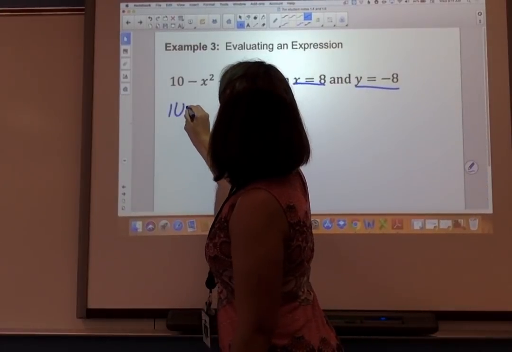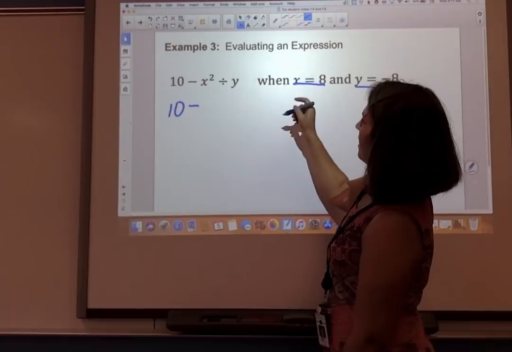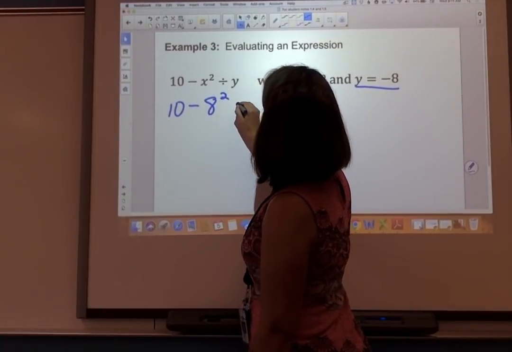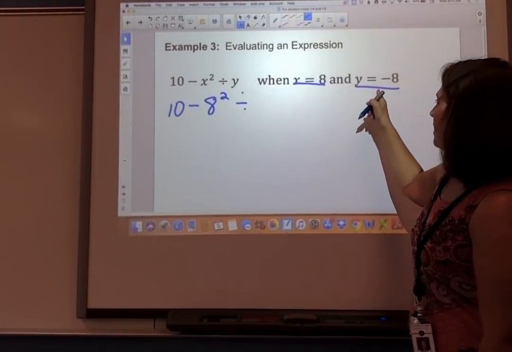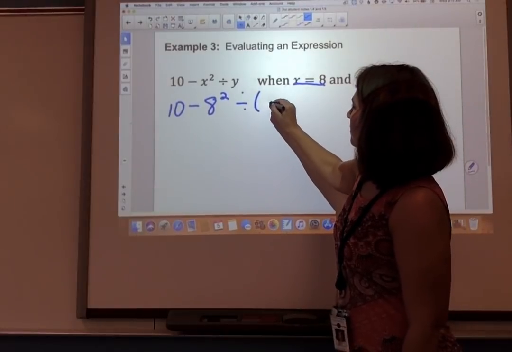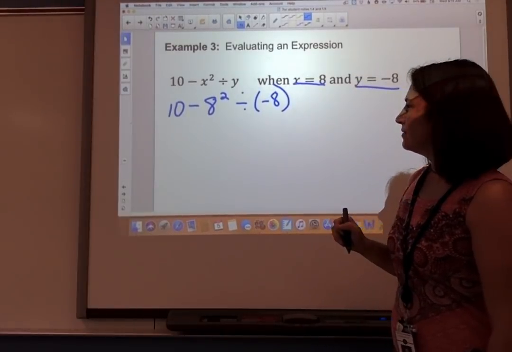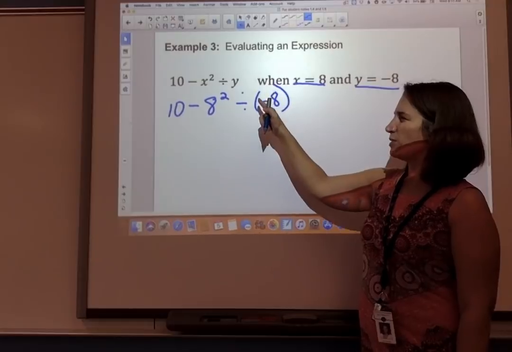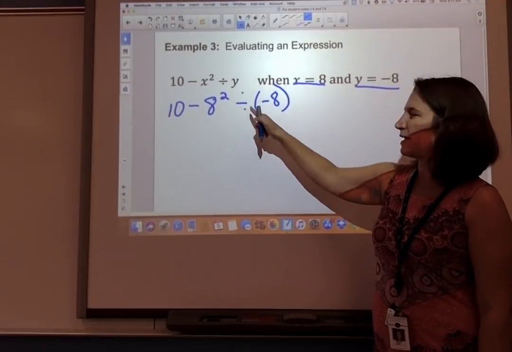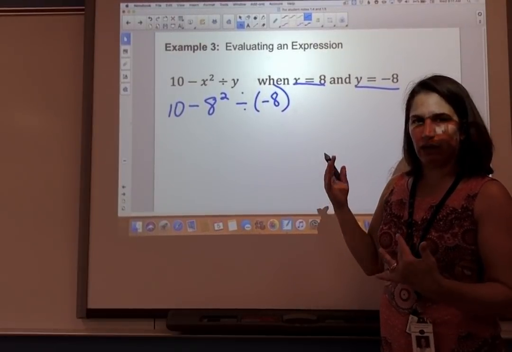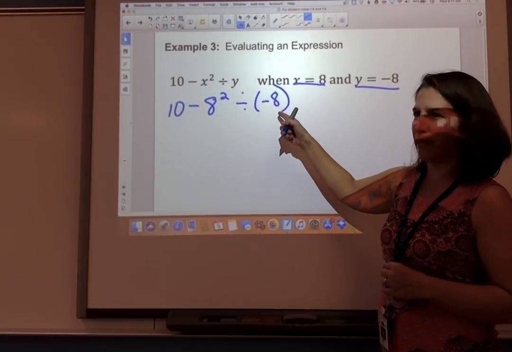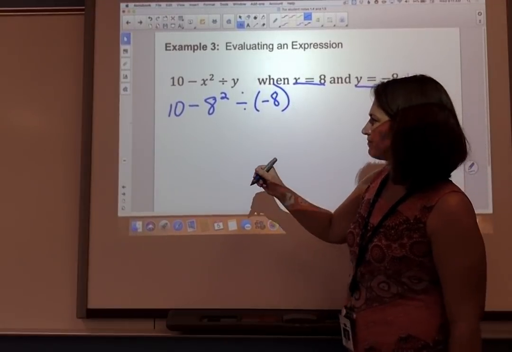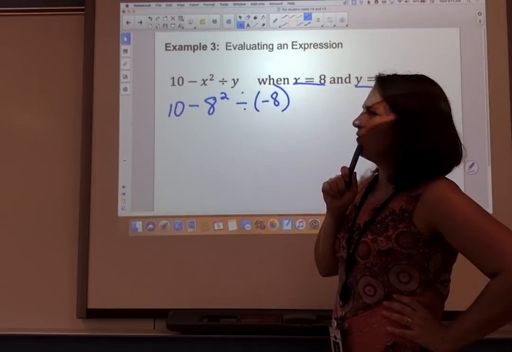So 10 minus 8 squared divided by negative 8. I usually put my negative numbers in parentheses when it's next to another operation so that we don't get confused. We're dividing by negative 8. We're not subtracting 8.